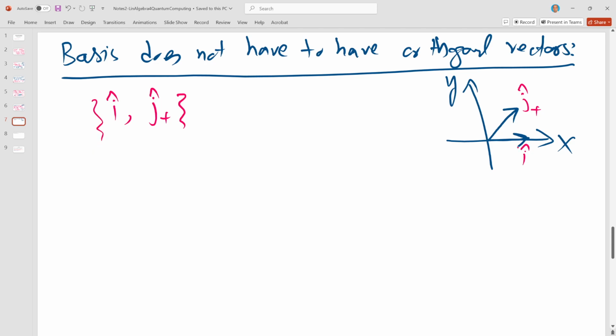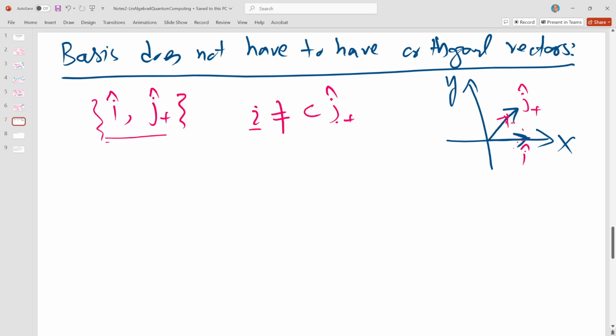Even though i and j have some component in each other's direction, they're still linearly independent, because i cannot be totally written in terms of j. I do have some component along j, but that component alone doesn't specify i.